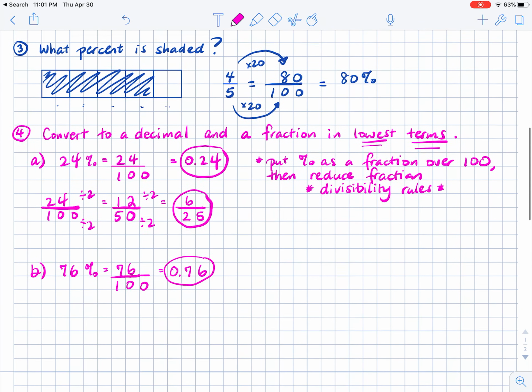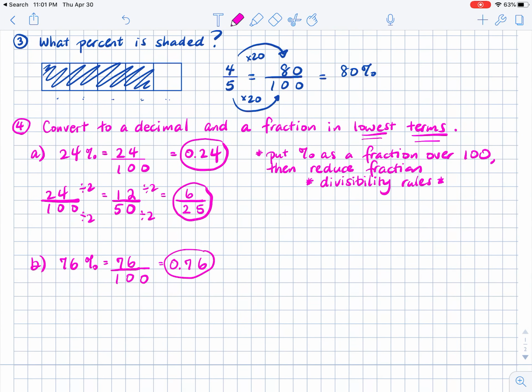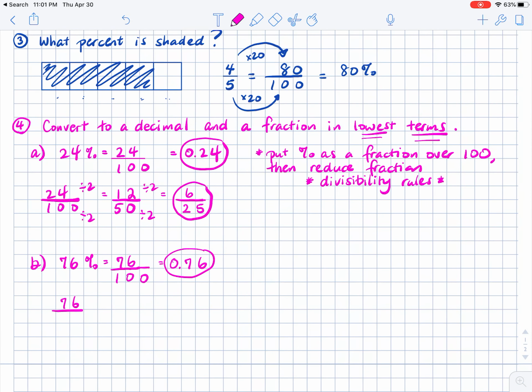So it's going to be 76 hundredths. Knowing that, we know that 76% is 76 over 100. And I'm thinking to myself, I need to reduce this fraction. Again, it looks like we have two numbers that end in even digits. So I'm going to reduce it. I'm going to go 76 divided by 2.